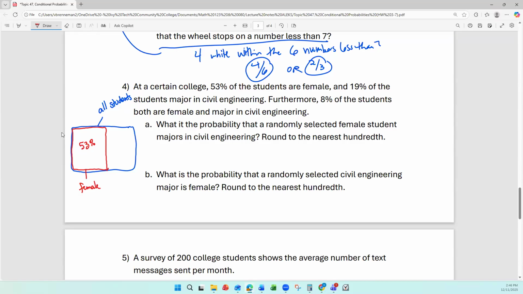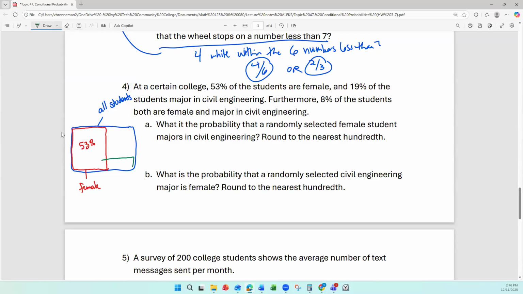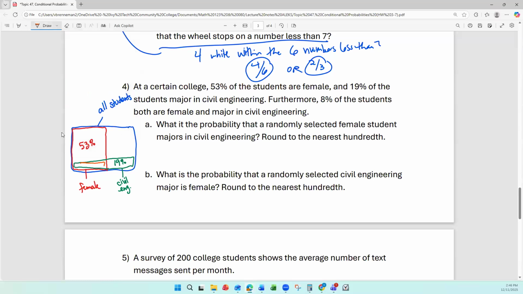And then 19% major in civil engineering. And then 8% are both of those. So this little overlap here is 8%.